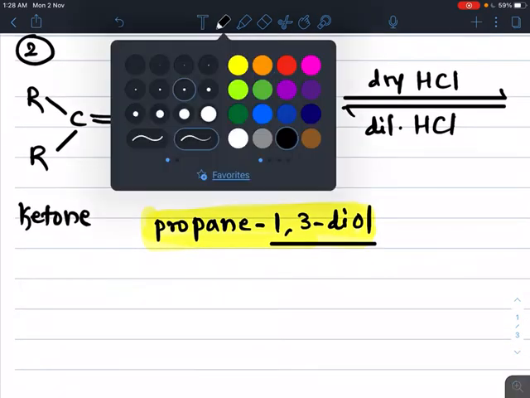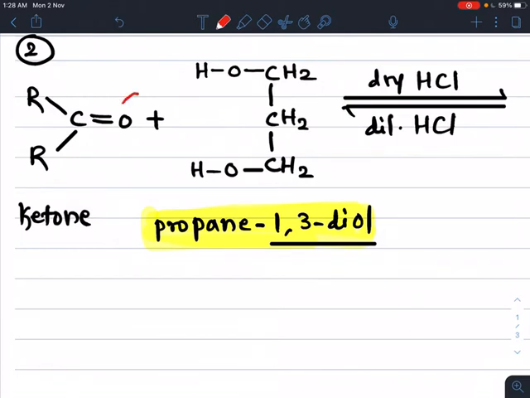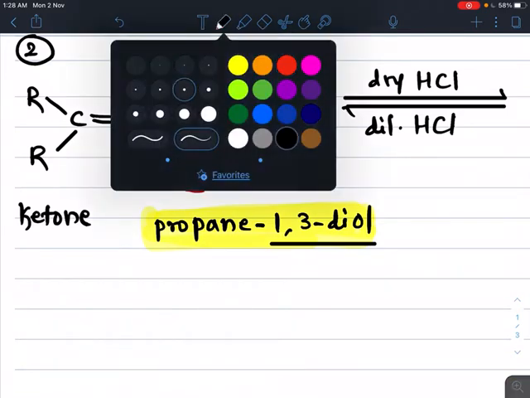The same reaction takes place, so removal of an H2O molecule takes place, and the remaining part of this diol is bonded with this carbon through oxygen.